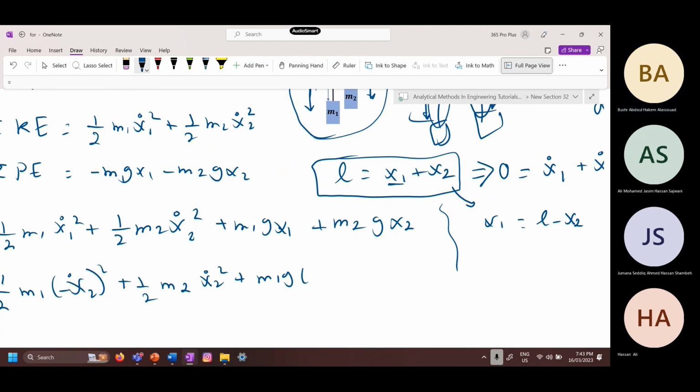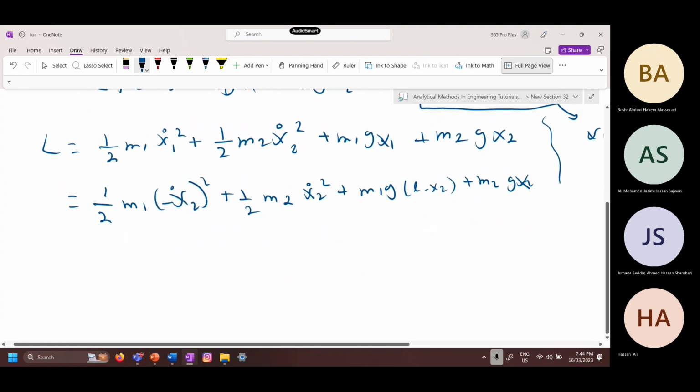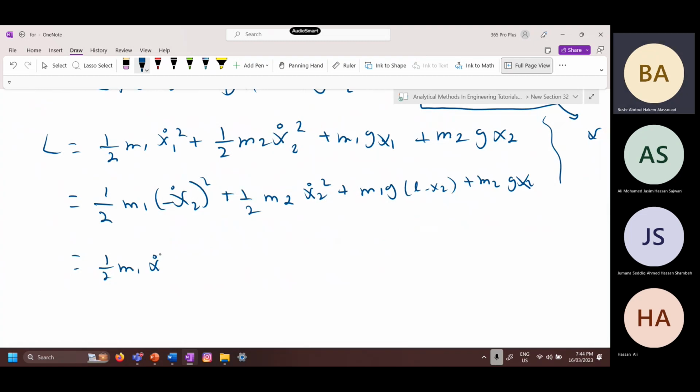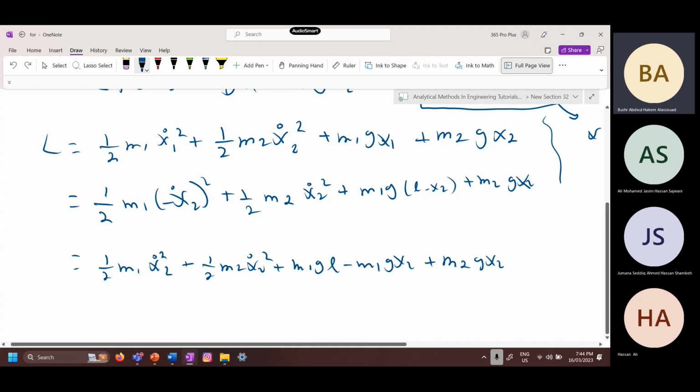So m1 g (L minus x2) plus m2 g x2. Simplify this, you'll get half m1 x2 dot squared plus half m2 x2 dot squared plus m1 g L minus m1 g x2 plus m2 g x2. You cannot cancel these terms because m1 is not equal to m2.